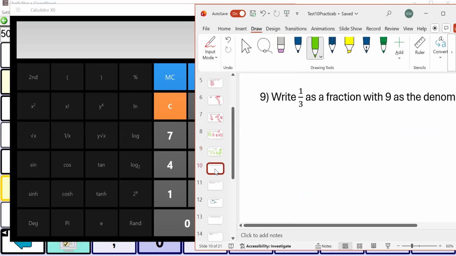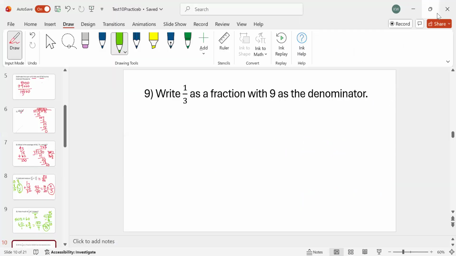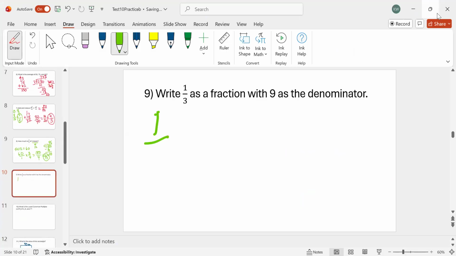moving on to number 10. We need to write 1/3 as a fraction with 9 as the denominator. Okay, so we've got 1/3, and we need to multiply it by something that has the same number on top and on bottom, because that's multiplying by 1.